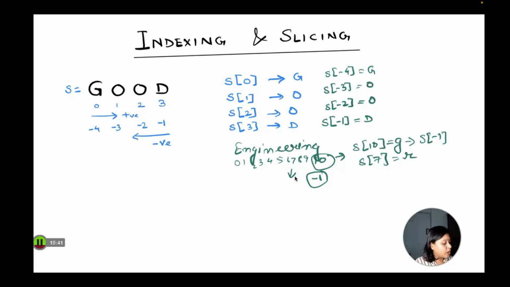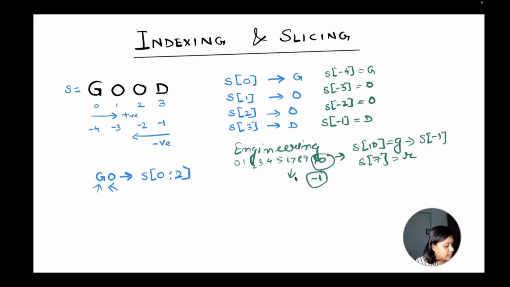Now if you talk about slicing, let's say instead of one letter, I want both G and O. So to get G and O, I want to grab my first letter, that is index 0, and then the second one, that is index 1. I want till this much, so I will take the next index, that is my second index. So here I will write 2.